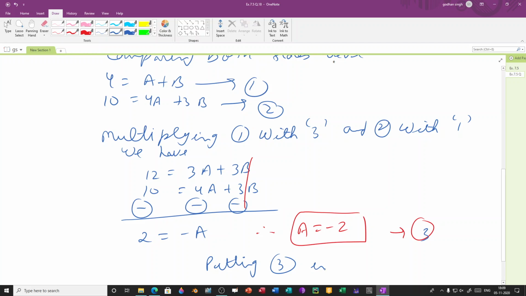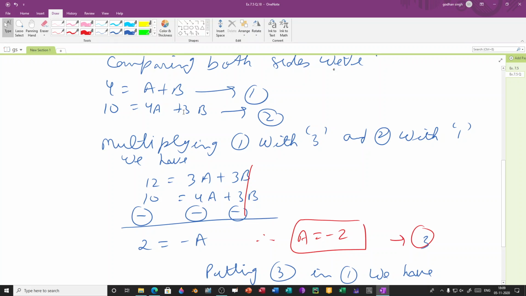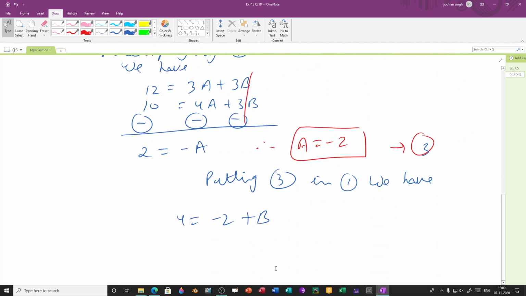Putting it in 1, in place of a we'll put minus 2, we'll get 4 equal to minus 2 plus b. From here 4 equal to minus 2 plus b. So therefore b equal to 6. So these are the values we have got: a is equal to minus 2 and b equal to 6.